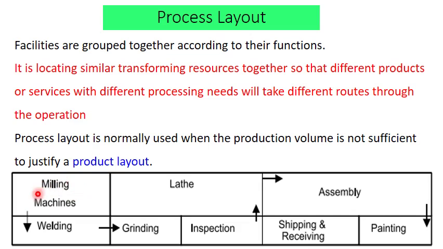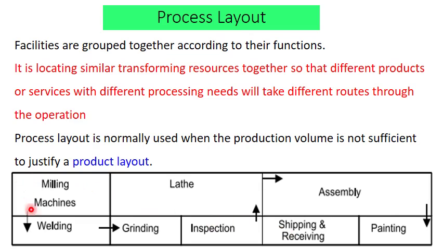First, the milling machines are grouped in this room, and welding after milling, so welding machines are grouped together here. Next, grinding machines are here, then the inspection department is assigned here, and here other departments, and then assembly, and so on.